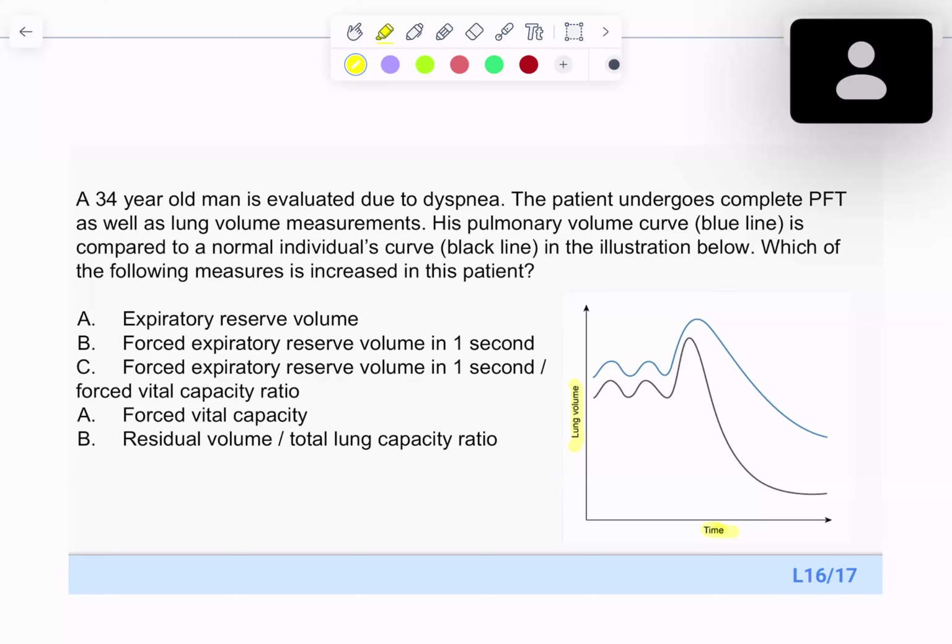Okay, I'm seeing B. First of all, what does the patient have?